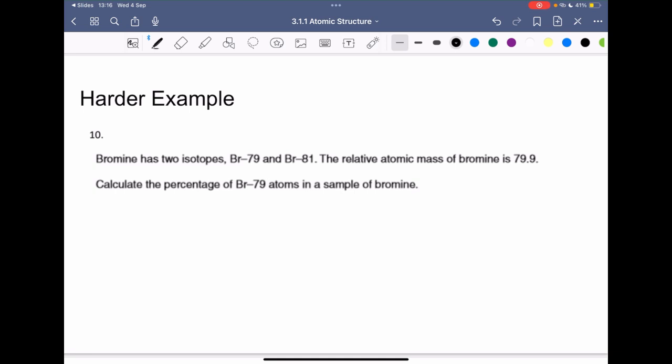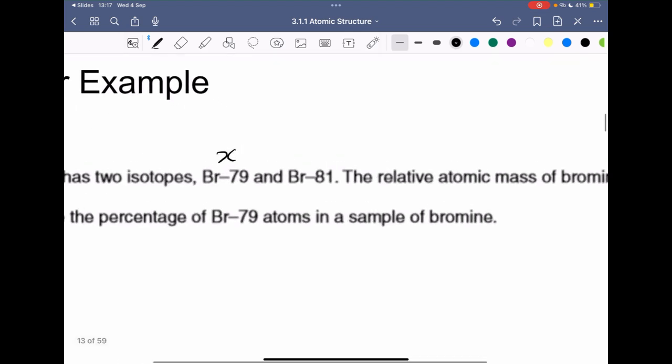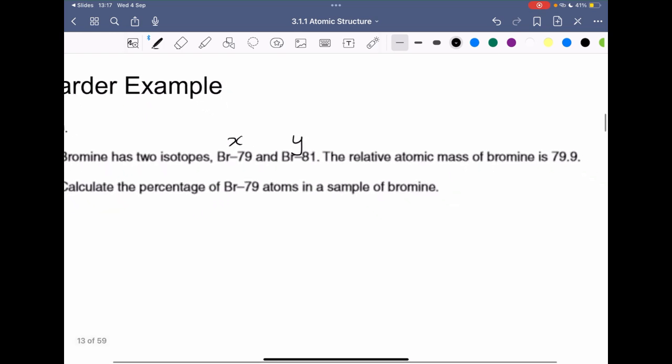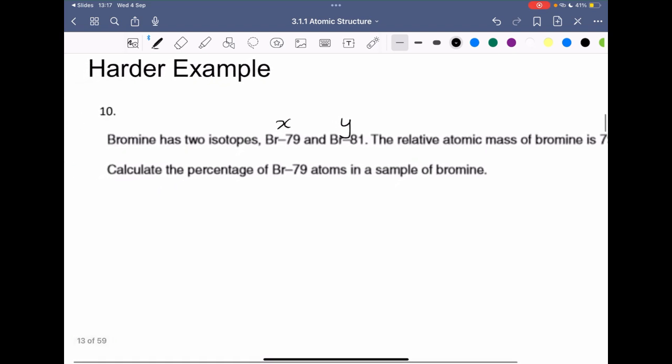Now, to go about this question, you have to think of it logically. They're asking you to work out the percentage of one isotope, so let's call this percentage x. The other percentage we don't know, so we can call that y as well. The first thing I think of is to try and work this out how you normally do it, how you go across a normal relative atomic mass question.